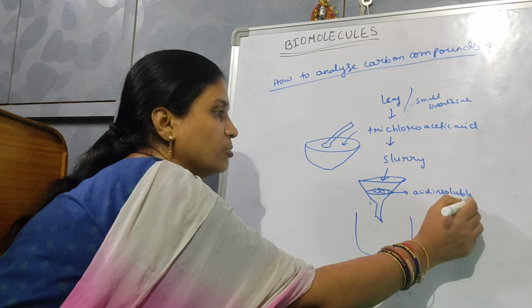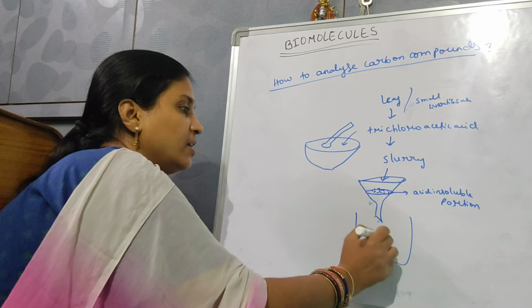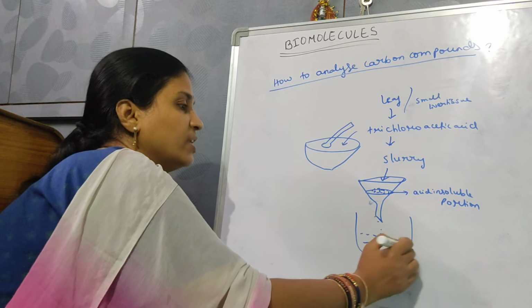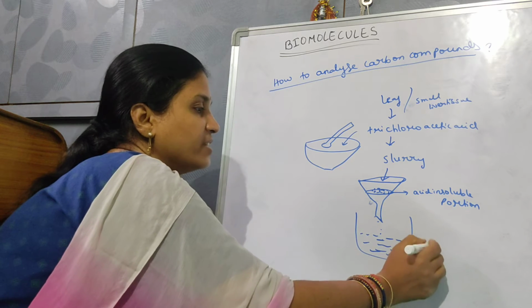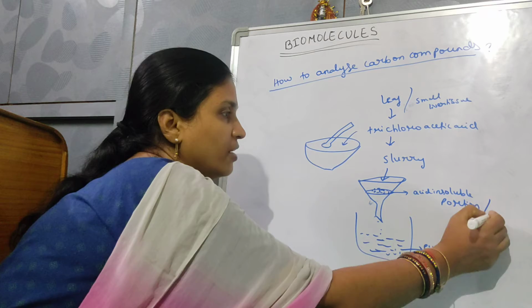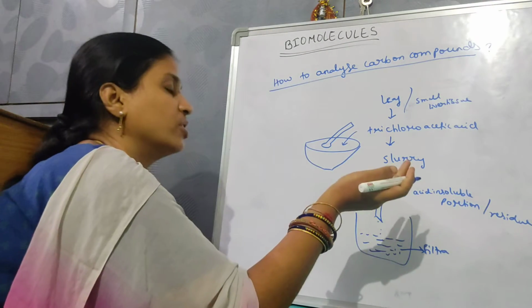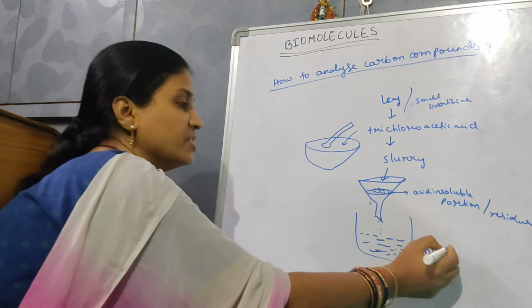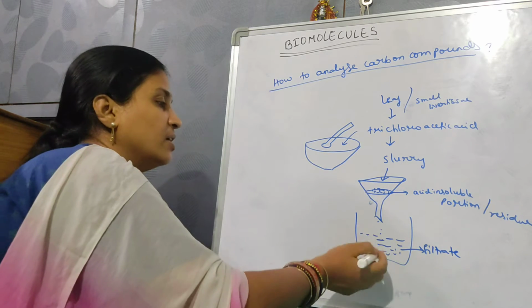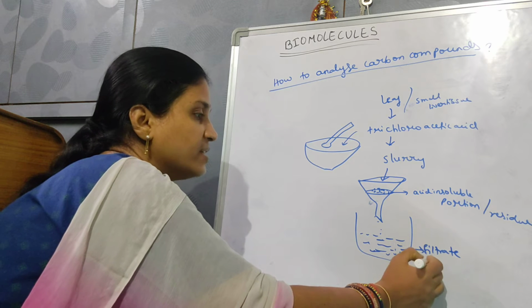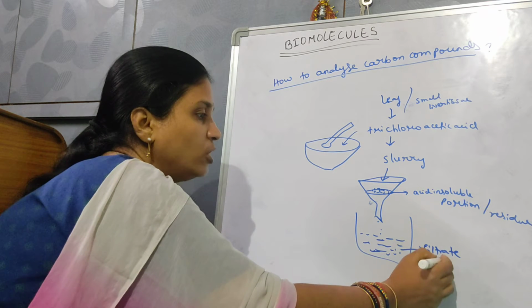Then here in the beaker, the liquid is the filtrate. This is the residue on the cotton cloth or the cheesecloth. The residue is present, and inside the beaker the filtrate is collected. This is the liquid, the acid soluble portion.